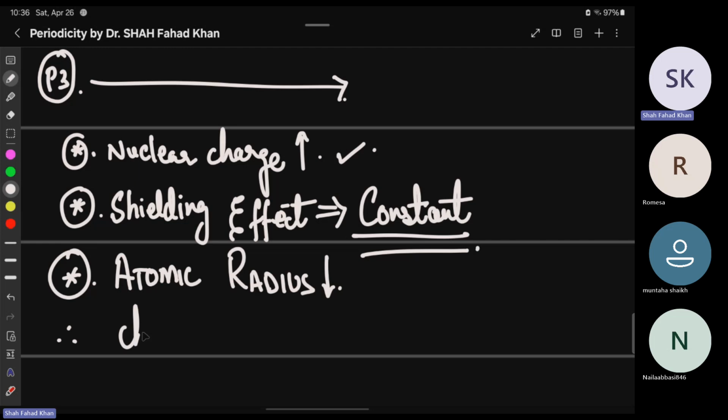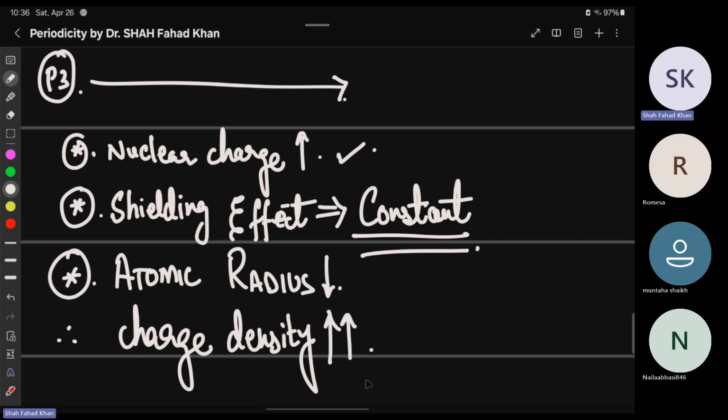Charge density is going to increase because it's inversely related to the radius and directly related to the nuclear charge. So decrease in radius and increase in nuclear charge, both of them favor an increase in charge density.